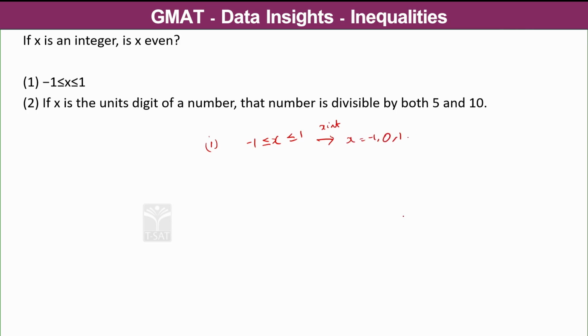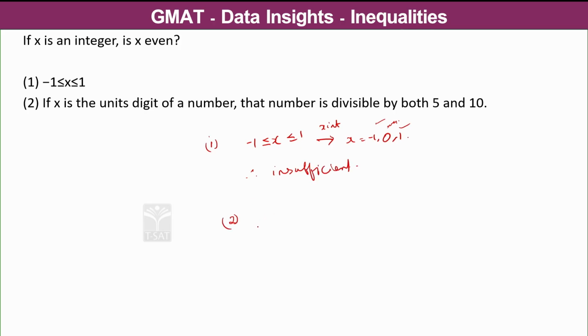So, there are 3 different options, and here minus 1 and plus 1 are odd, whereas 0 is even. So, you cannot definitely say whether x is even or odd, therefore, statement 1 is insufficient to answer the question.